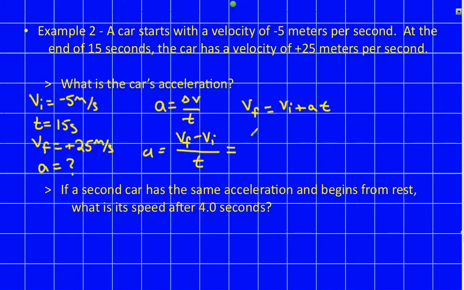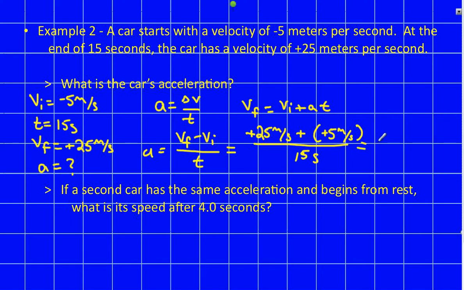My final velocity is a positive 25 meters per second, and I'm going to subtract a negative 5 meters per second, and then divide that by my time, which is 15 seconds. If I take my 25 and subtract a negative, that's nothing more than adding the positive.